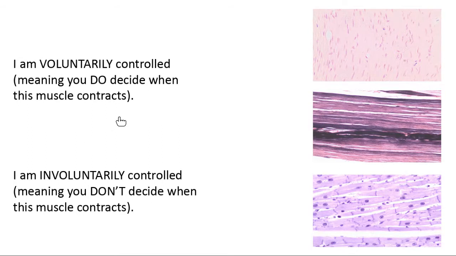When we talk about voluntary types of muscle tissue, when we talk about you deciding whether or not muscle tissue contracts, what were some of our thoughts about what is voluntarily controlled? What do you have to decide when it contracts?